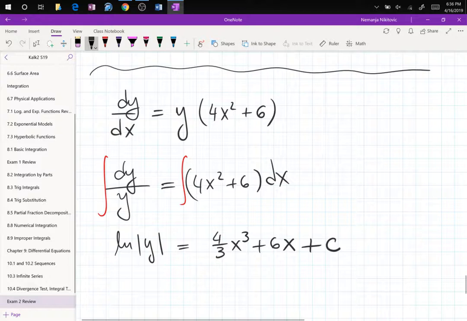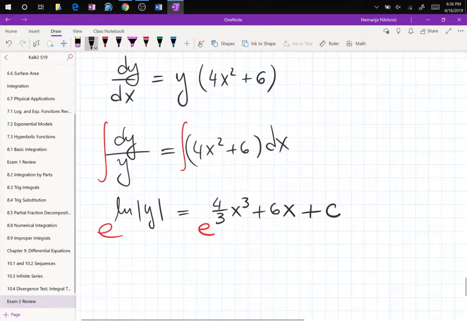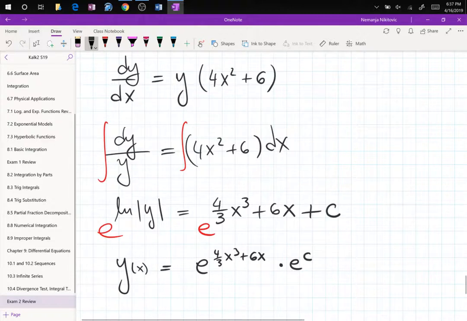Plus c. Now we're going to E both sides. And then we just get y as a function of x in this case, is equal to e to the 4/3 x cubed plus 6x, and I'll write it times e to the c.